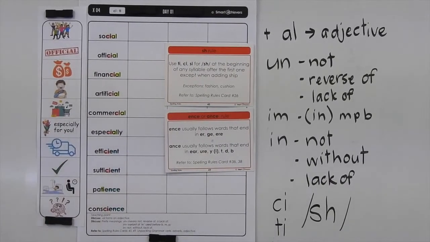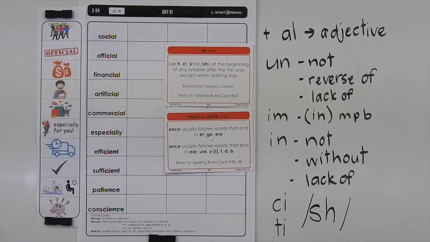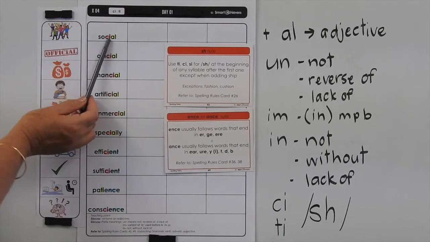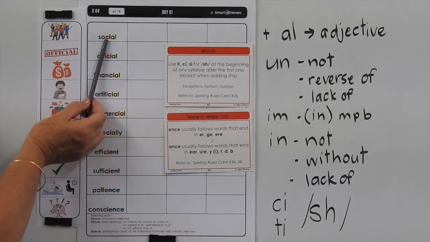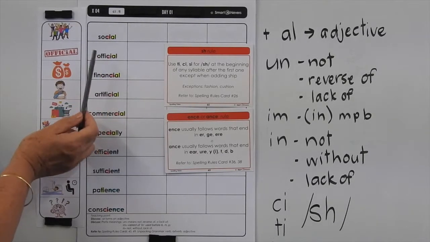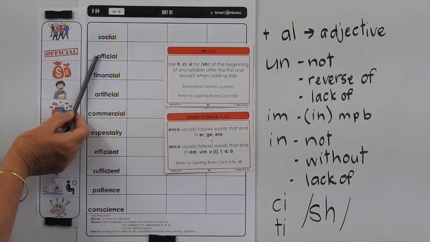Now let's go through and look at what each of these words mean. So social means relating to society or its organisation, or needing companionship and best suited to living in communities. Official means relating to authority or a public body and its activities and responsibilities.